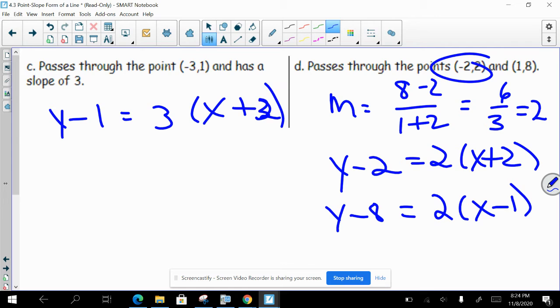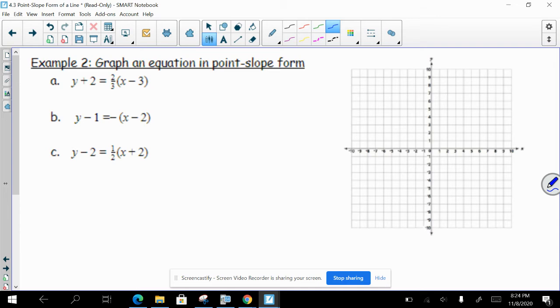All right, and then another type of example is if you are given the equation and you want to graph it. So what you would have to do is identify the slope and the point. So here, the point would be (3, -2), because remember it's the opposite sign. Here the slope would be 2/3. Here the slope would be -2/2. So what you would want to do is plot the point and then use the slope to get another point.